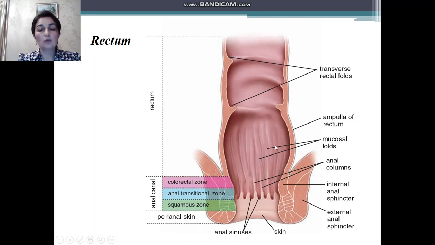And also in the lamina propria of the mucosa, here we will have anal glands and circumanal glands. And in the submucosa, above this pectinate line, we will have extensions of capillaries. They will form the superior hemorrhoidal plexus, and at the region of the anal canal, we will have the inferior hemorrhoidal plexus.